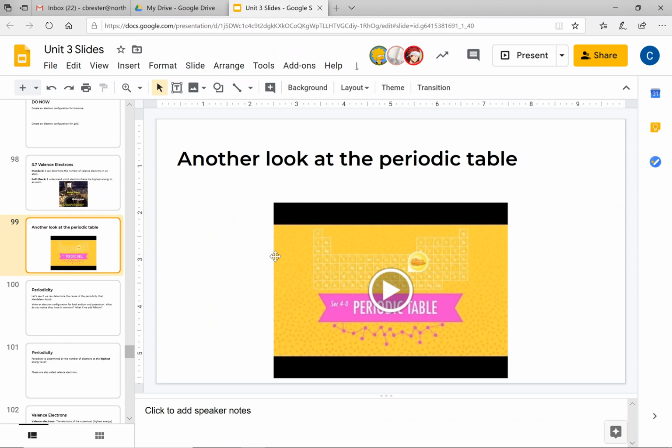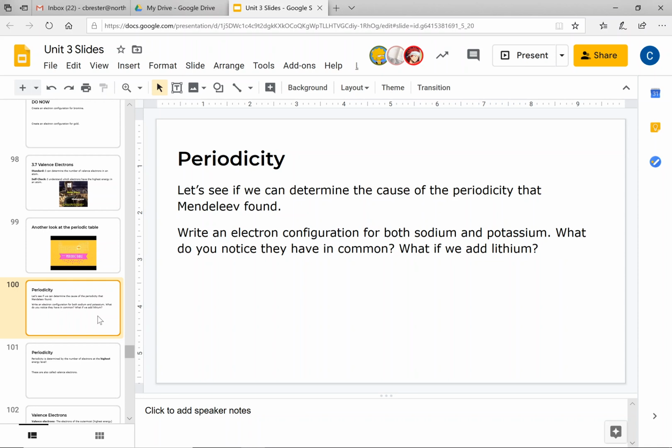Things like lithium, sodium, potassium all share the same properties, and scientists knew that they share the same properties, but weren't sure why. So they're talking about periodicity. And Mendeleev, the man who designed our current periodic table, was really focused on periodicity.